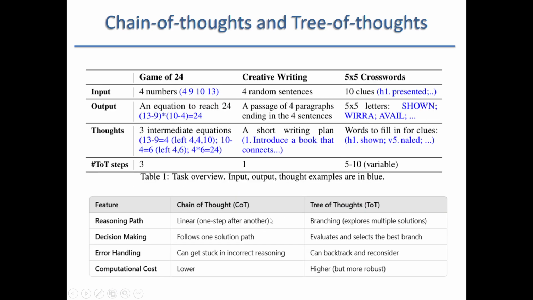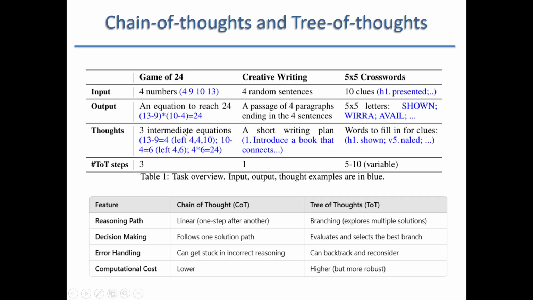So a disadvantage is that it has a higher computational cost, but it can backtrack and reconsider. Because it has a tree, it can go back through the tree and decide to explore some other branch. That is something that cannot happen in the chain of thought. The chain of thought is linear, so it can get stuck in some incorrect reasoning.